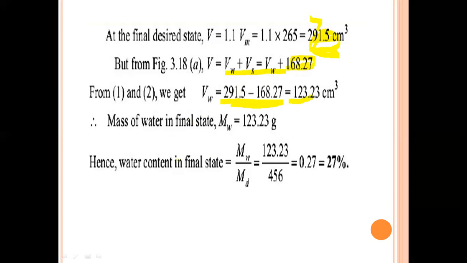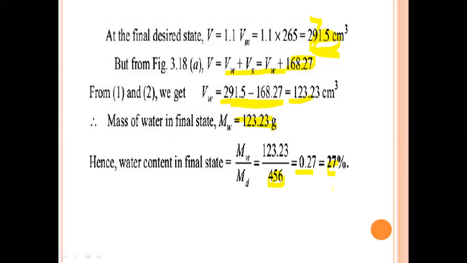So the mass of the water in the final state, Mw, equals 123.23 grams. Hence the water content in the final state is Mw by md, 123.23 grams divided by the total mass 456, which equals 0.27. Multiplying by 100 gives the percentage water content, that is 27%.